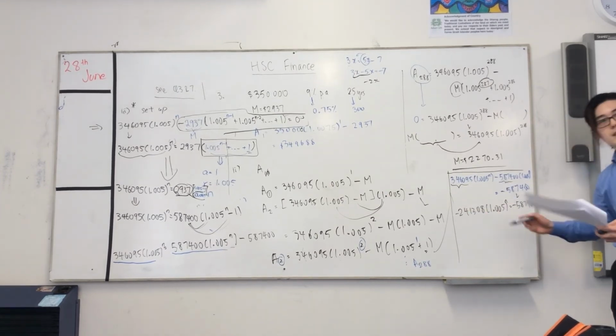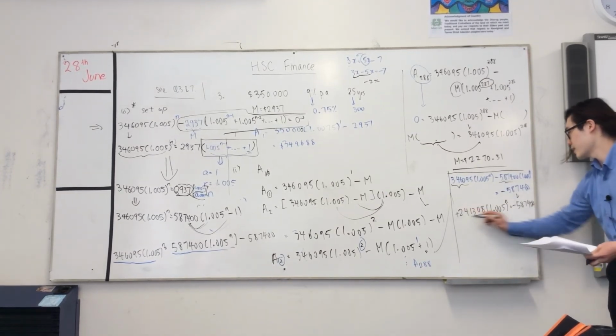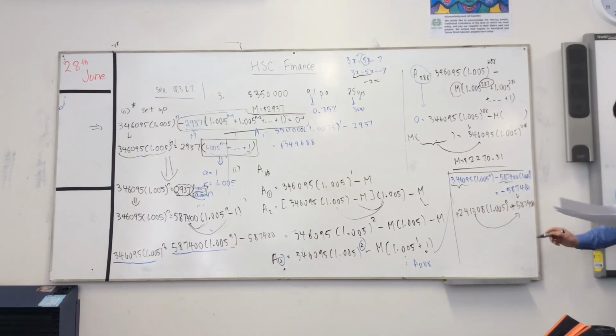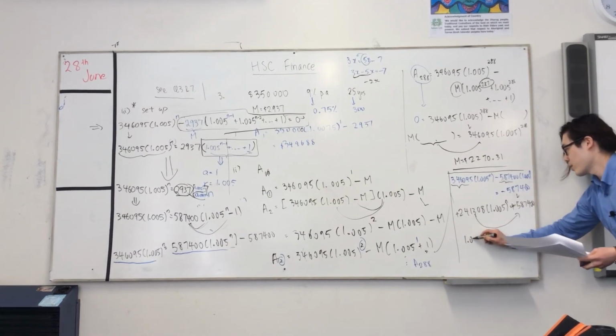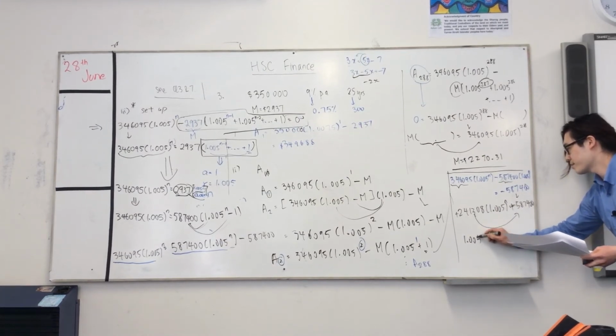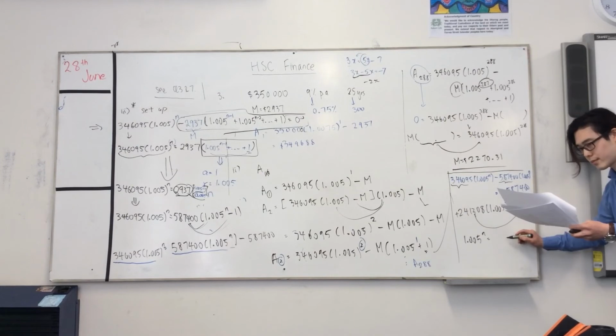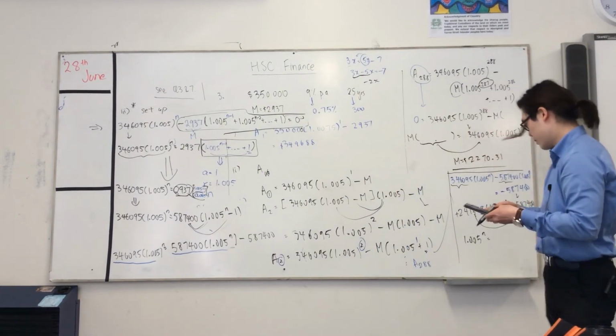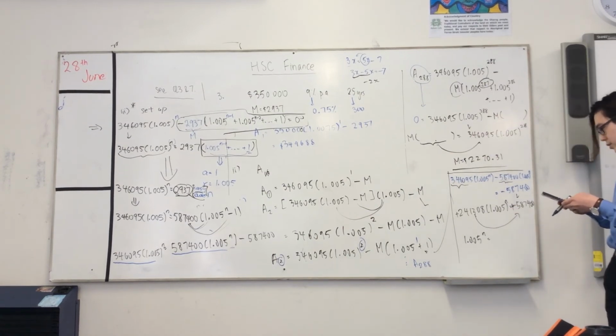Now, if there's a negative on both sides, change it to a positive. Then you divide by that number underneath. So that leaves me with 5874. And then you do your log.